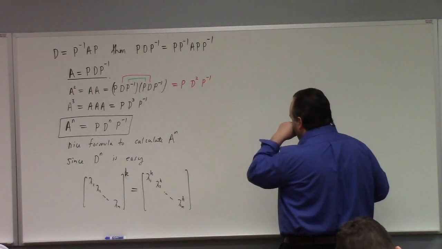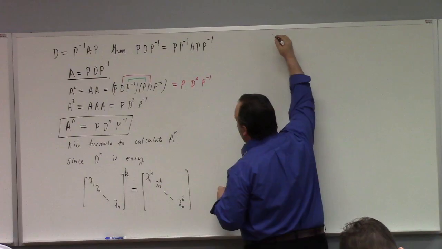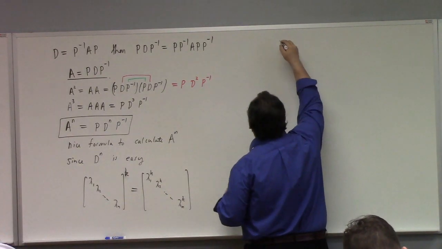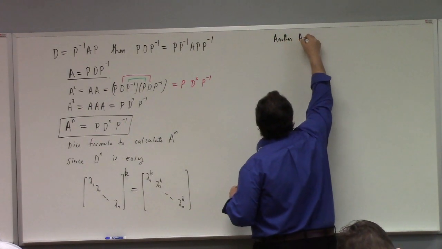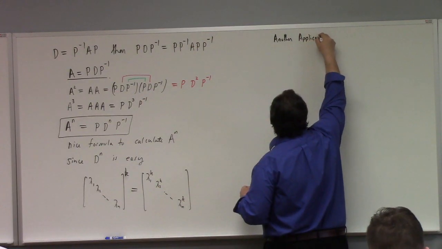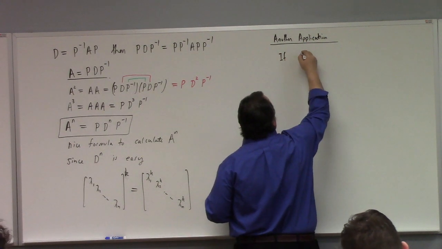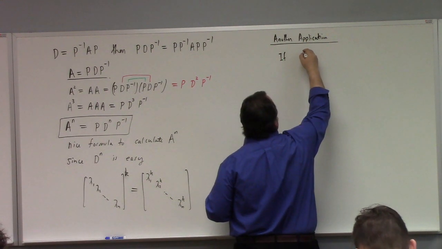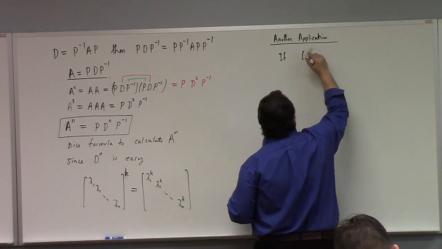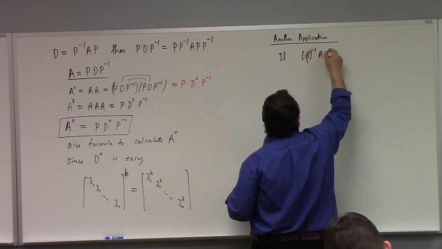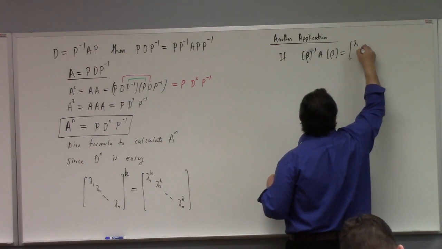Now, let's see here. That's one application of diagonalization. Another application is differential equations. So if we have that, my bad, beta inverse A beta is equal to this diagonal matrix like that.